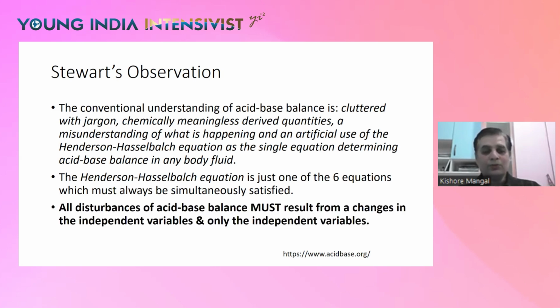And he concludes that all disturbances of acid-base balance must result from changes in the independent variables and only the independent variables. We will be discussing independent variables in the next few slides. But this line is very important. What he focuses on is independent variables, and from there he will be able to analyze the acid-base balance.